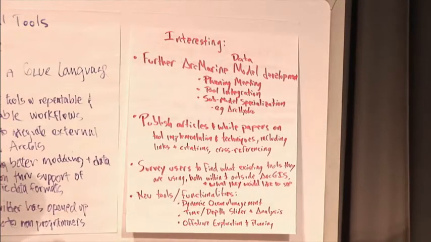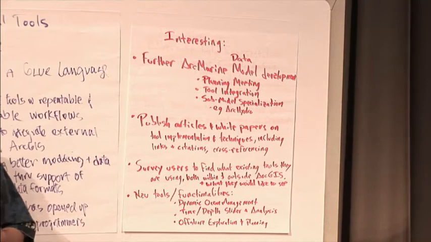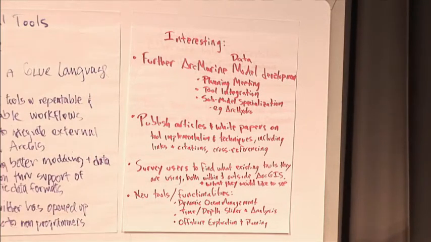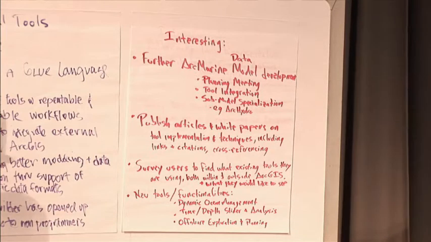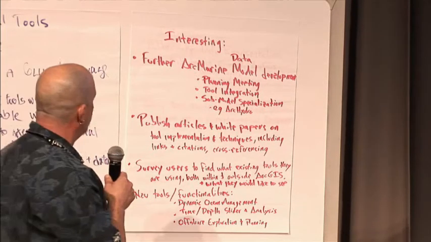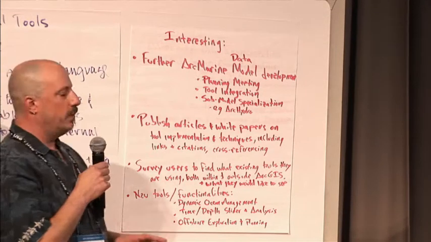So in our interesting points, the ArcMarine data model came up repeatedly and was also one of the elements in our plus column. But what we'd like to see is further ArcMarine data model development.